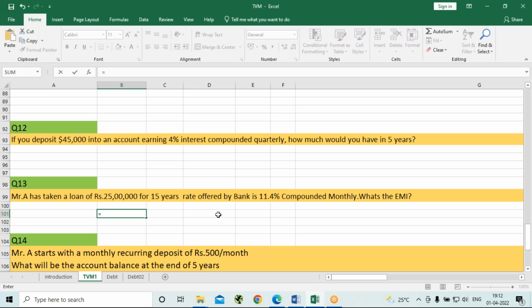It equals PMT, rate is 11.4% divided by 12, comma, 15 into 12, comma, minus 25 lakhs, comma, 0, comma, 0. Accepted. The amount is shown over here.